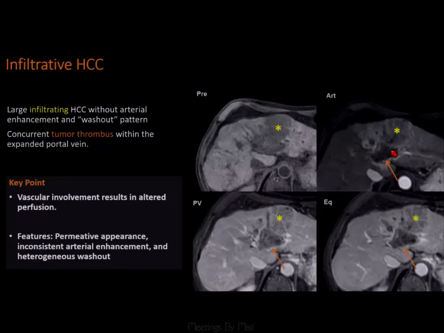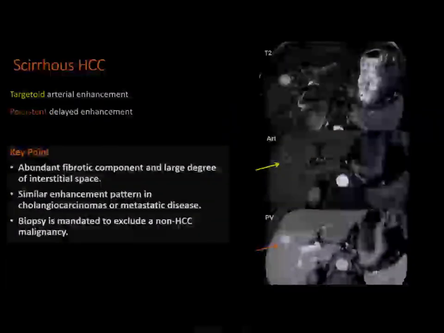And usually what we recommend is using DWI and good quality T2 weighted imaging to see the extent of tumor. Make sure that you see flow voids in all the vessels, otherwise you might be missing a tumor thrombus. And usually it has a permeative appearance and very heterogeneous washout, as you see in this case.